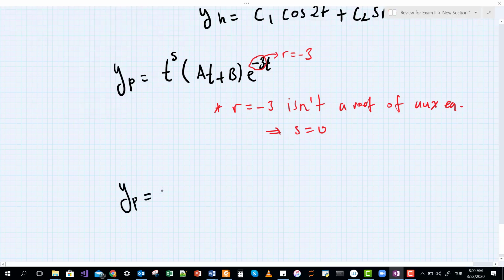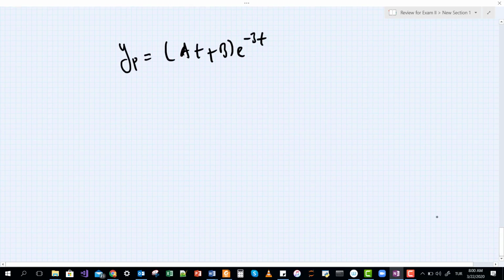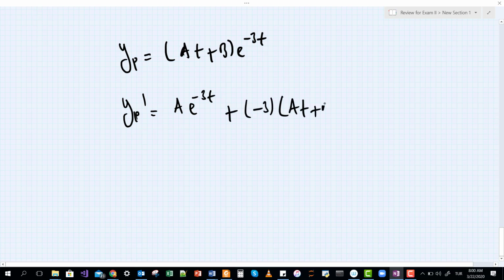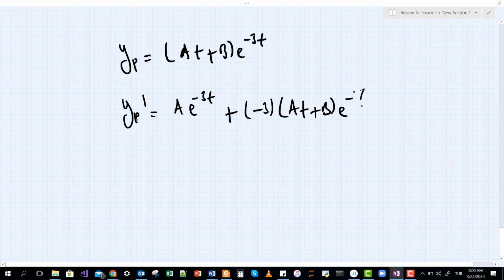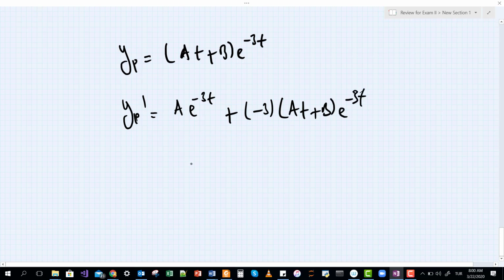So yp is going to be equal to (at plus b) e to the negative 3t. And I will need the first derivative, which is going to be a times e to the negative 3t plus negative 3 times (at plus b) e to the negative 3t.